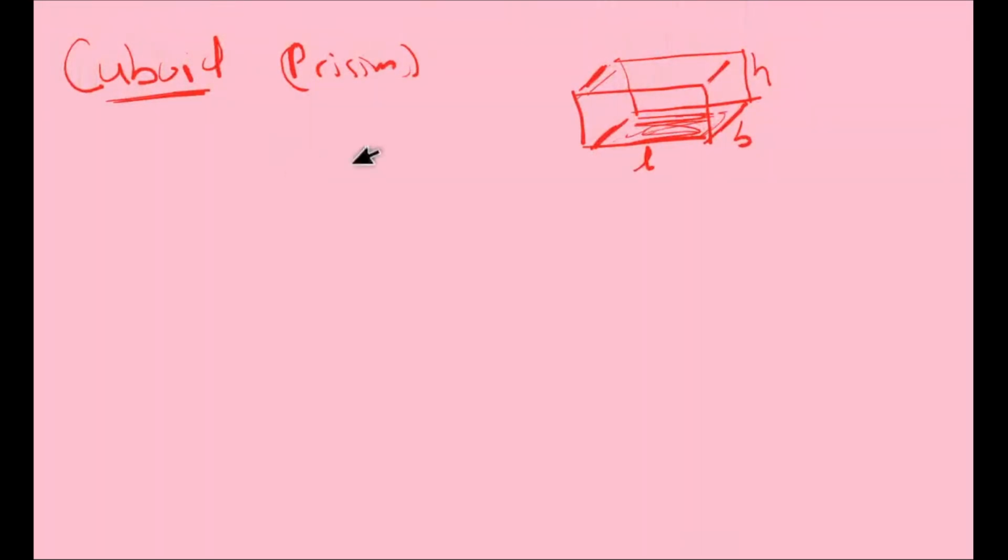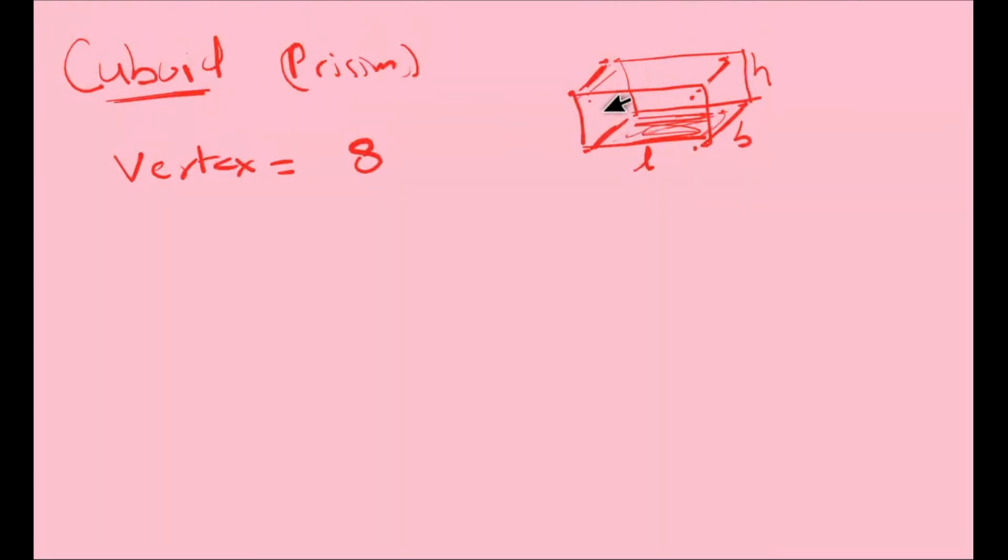Okay, first we will learn these points. What are these points? These points are known as vertices. How many vertices? 1, 2, 3, 4, 1, 2, 3, 4. How many vertices? That is 8.